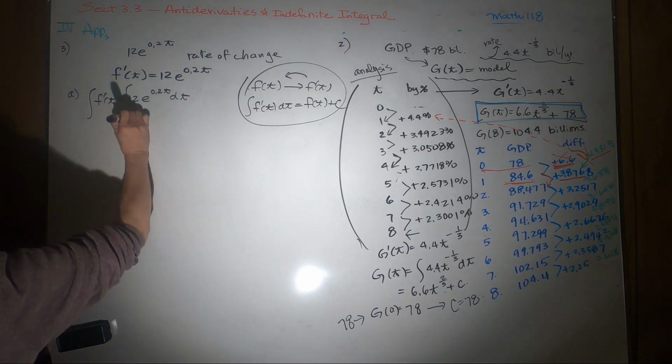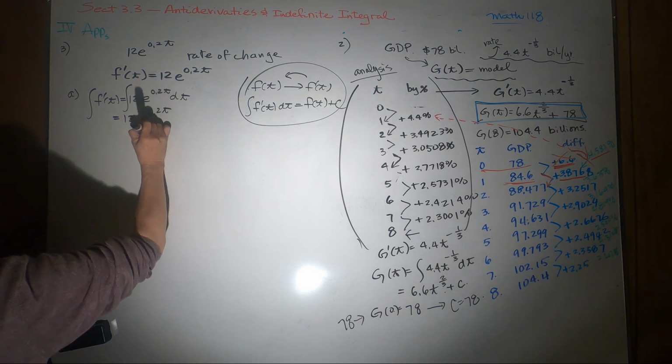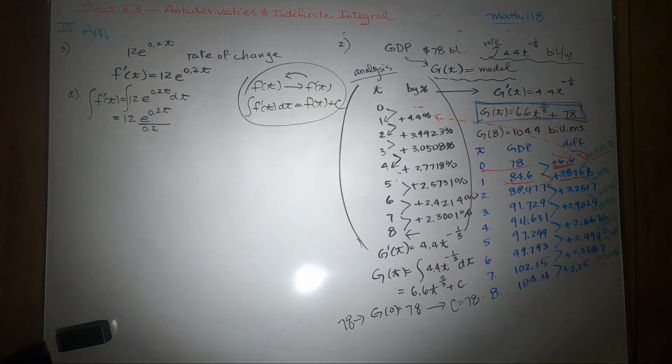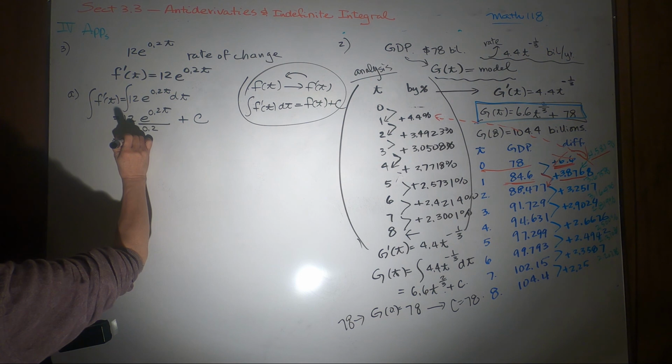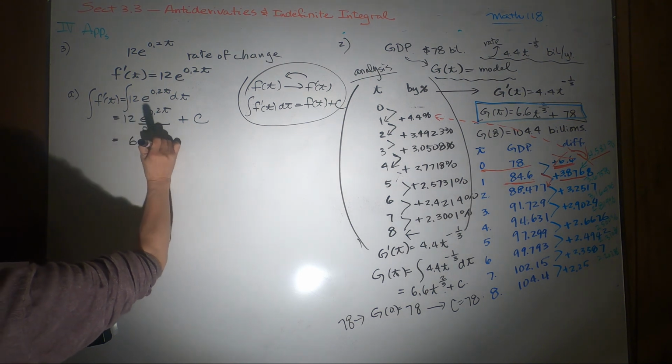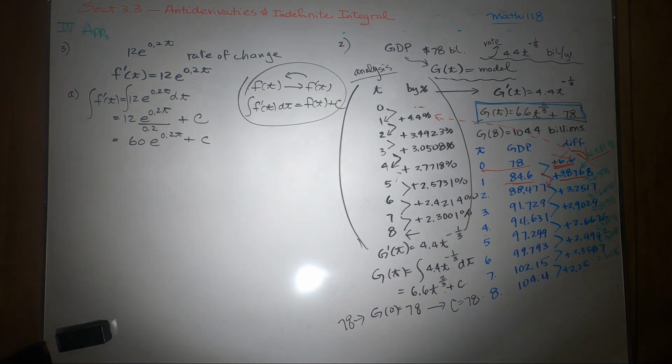You take 12 out, then this is the same thing, except you have to divide by 0.2, then you add a constant. Then what do we have? We have 60e^(0.2t) plus c. Then it tells you when they started, they had 4 cases.